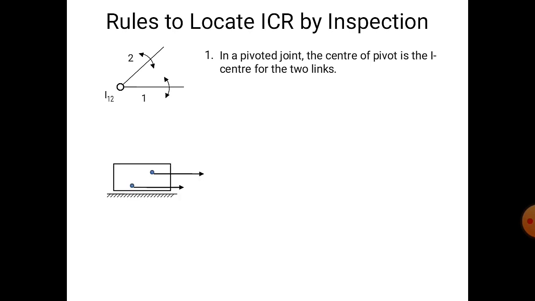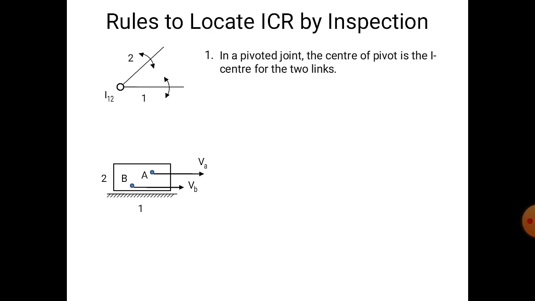Second case: if the two links have relative sliding motion, then the points considered on the slider will have the velocities as shown, parallel to the direction of motion.